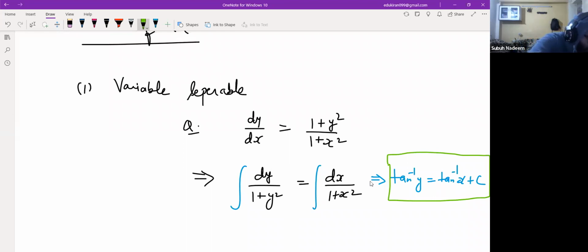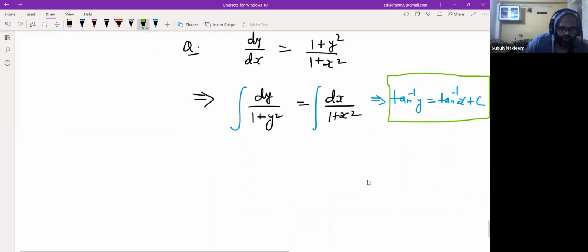Okay. You can see one more example. Like we have, it is a word problem.